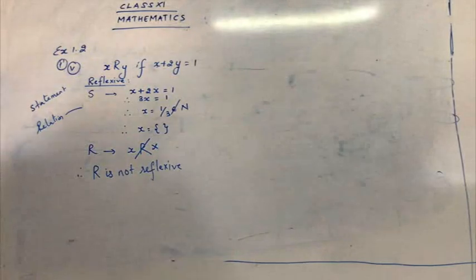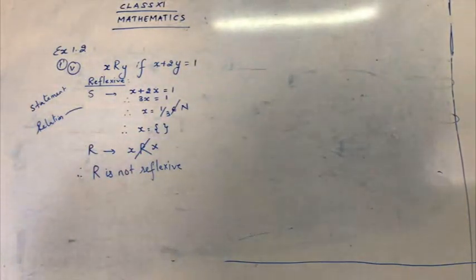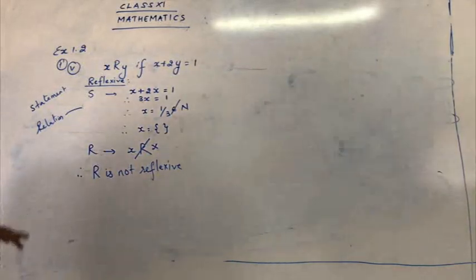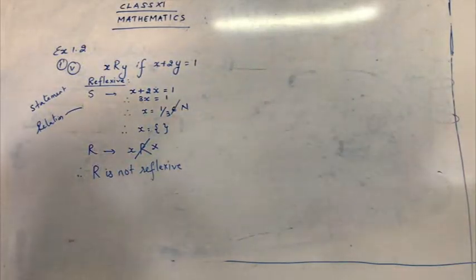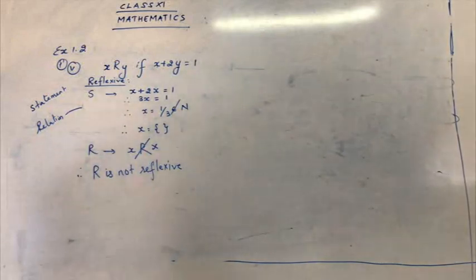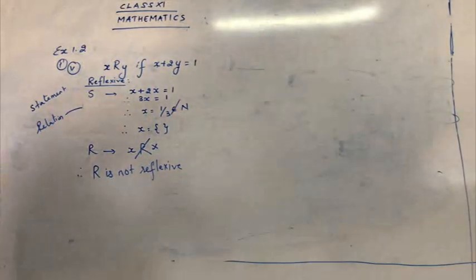Okay, children, you see here, we are going to follow the seventh point for our sum number 5. That is, an empty relation can be considered as symmetric and transitive.